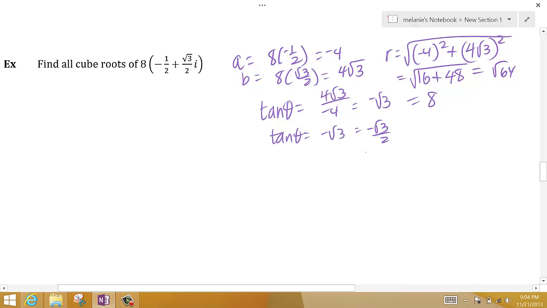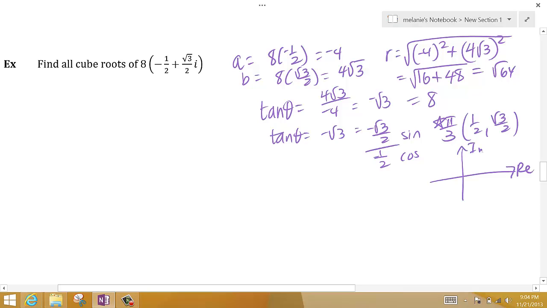I can think about this as negative root 3 over 2 and positive 1/2. I know it goes sine over cosine, so 1/2 and square root of 3 over 2. I know that's some multiple of pi over 3. What quadrant am I in? Looks like my real part is negative and my imaginary part is positive, so I'm in this quadrant.